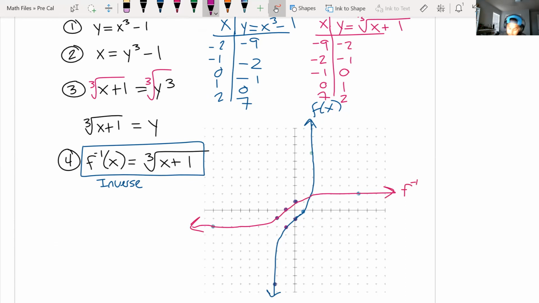Now, remember, if they are inverses, then they should be able to reflect across the line y equals x. So here's my line, y equals x.